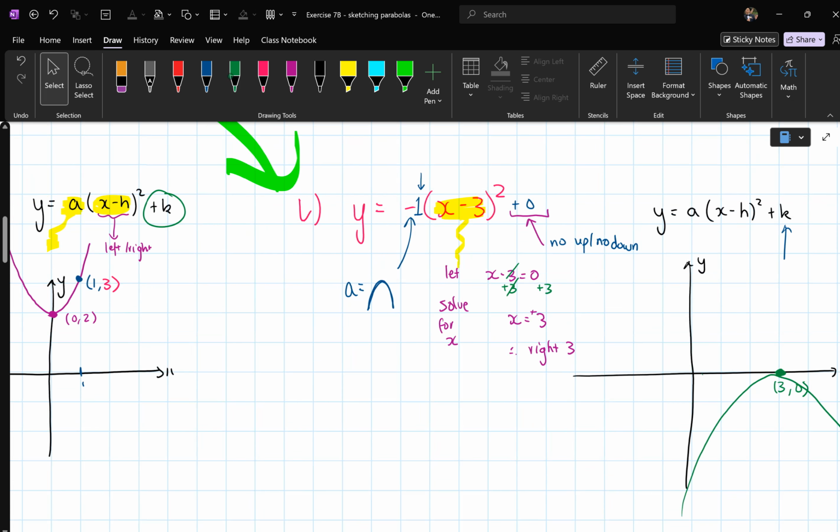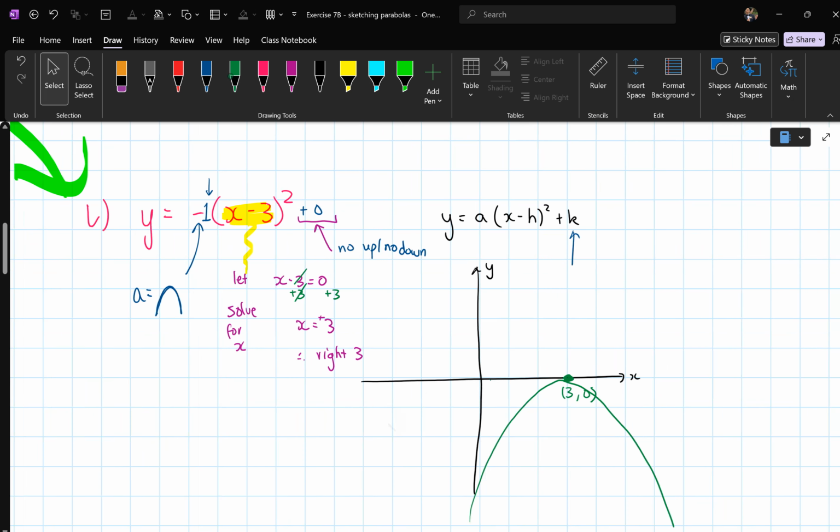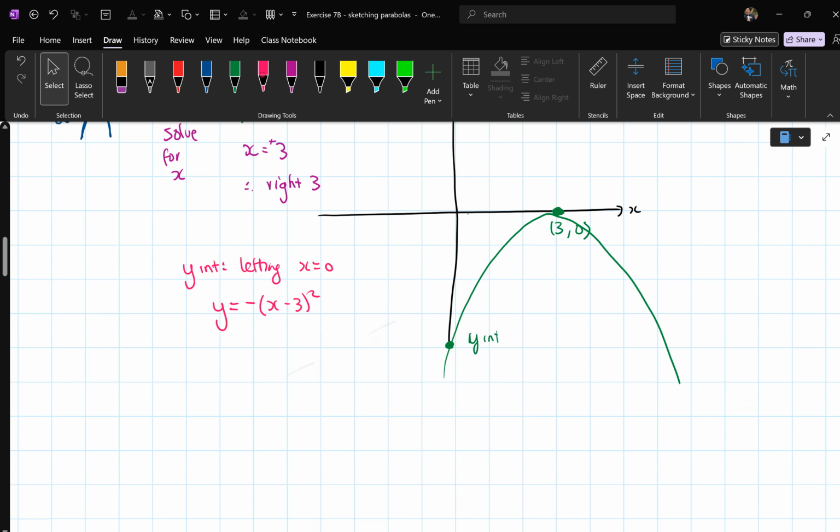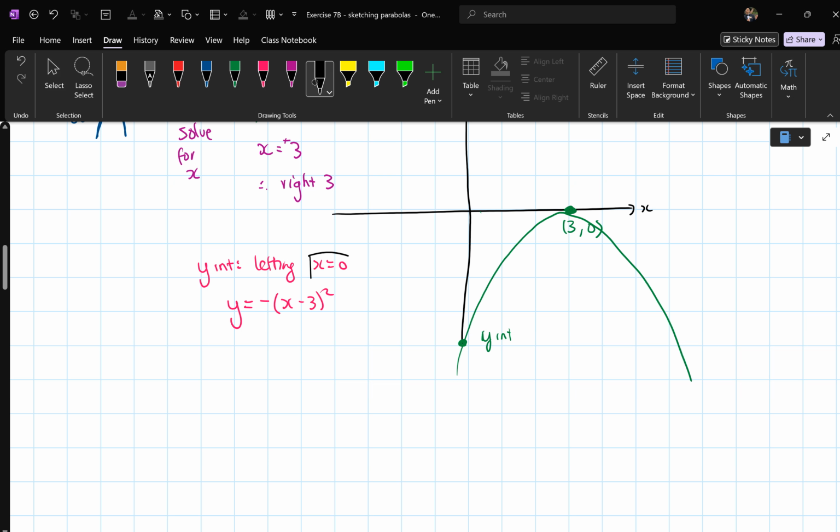Now, obviously, in all the shapes here, I haven't calculated the x and y intercepts. So here you have to calculate the y-intercept. How do you find the y-intercept? Find the y-intercept by letting x equal 0. So in your equation, y equals negative bracket x minus 3 squared, if you let x equal 0, you're substituting 0 in.